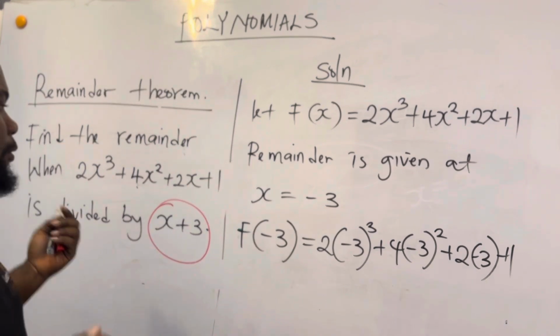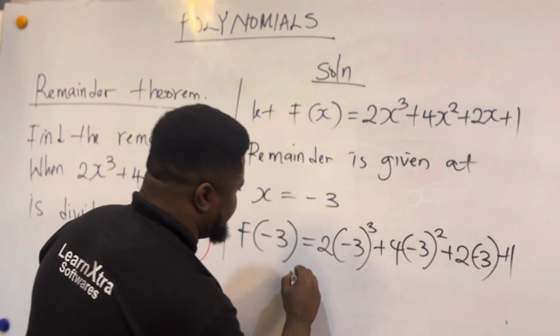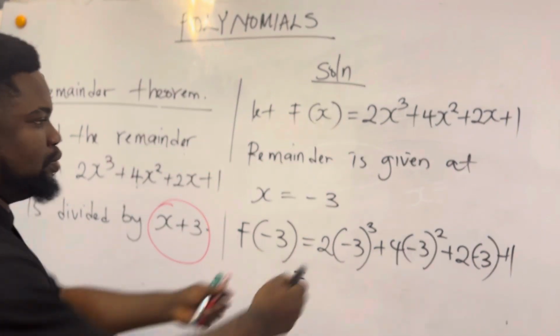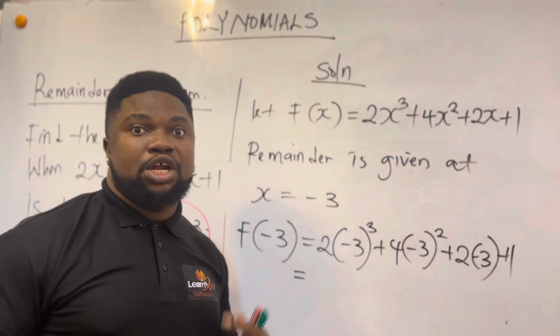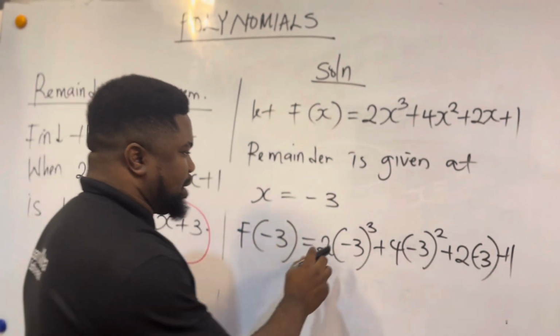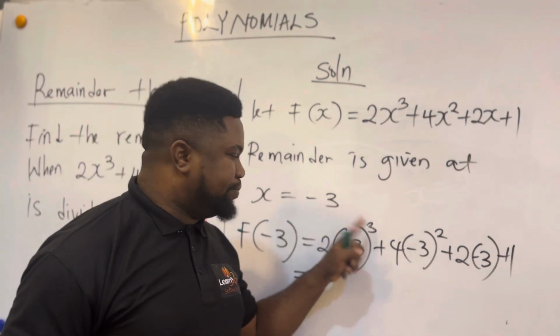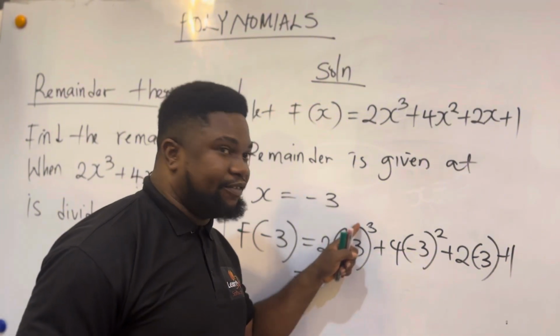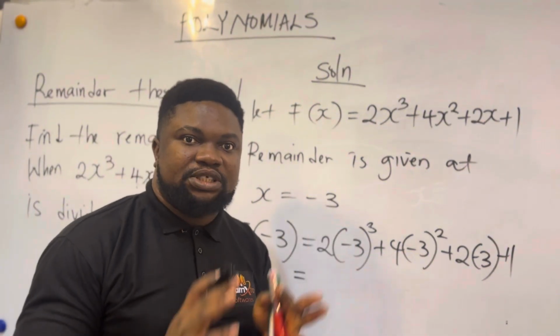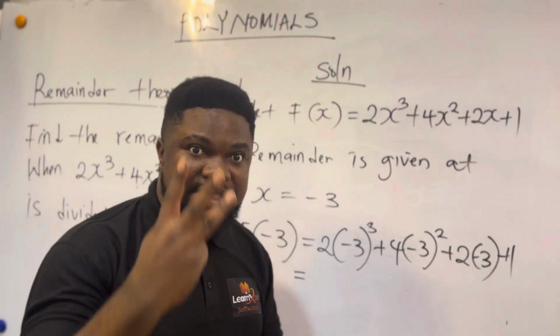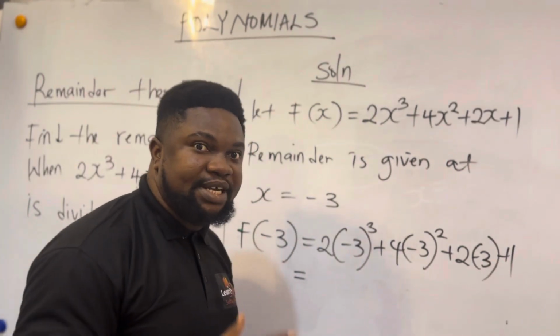Alright, so if I should solve the simple arithmetic, you can also use a calculator to get this. Minus 3 to power 3 is an odd number, so I will have minus 27. Minus 3 times minus 3 times minus 3, that's in 3 places, gives us minus 27.